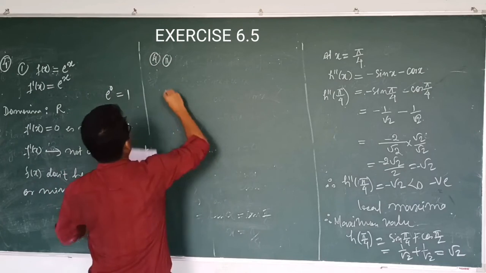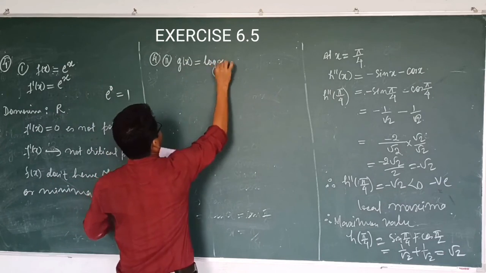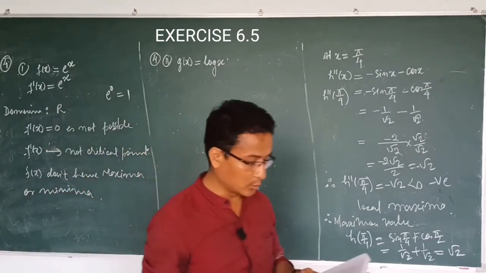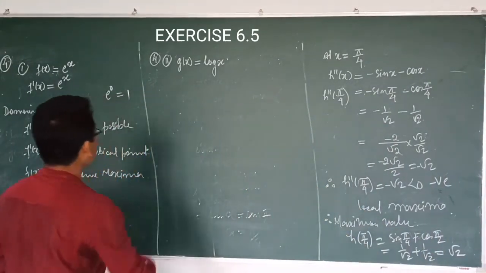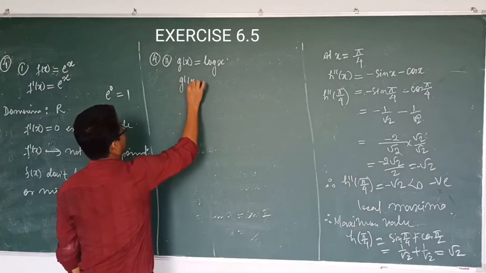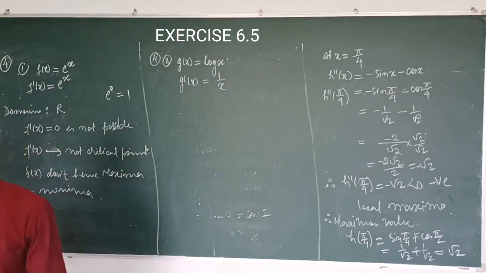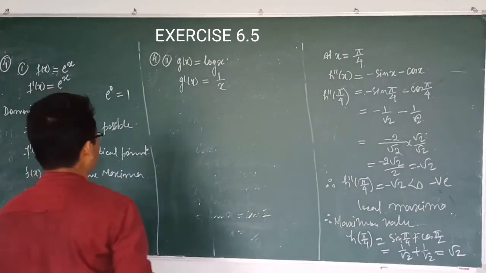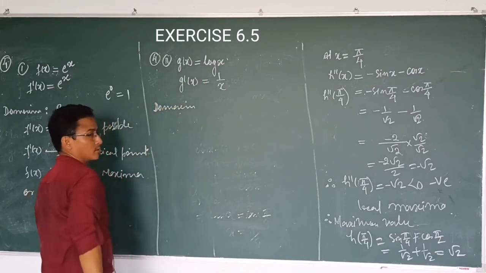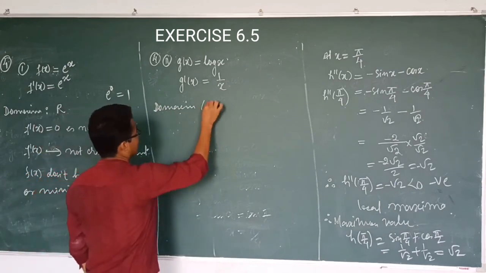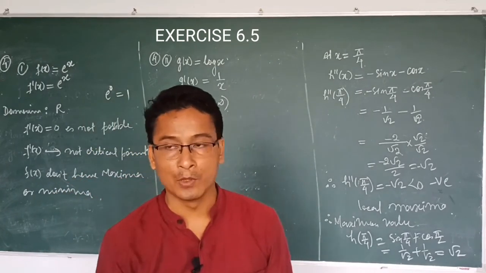G of x equal to log x. If you find g dash x, it becomes 1 by x. Now, if you write the domain of log x, what do you get? 0 to infinity is the domain of log x.